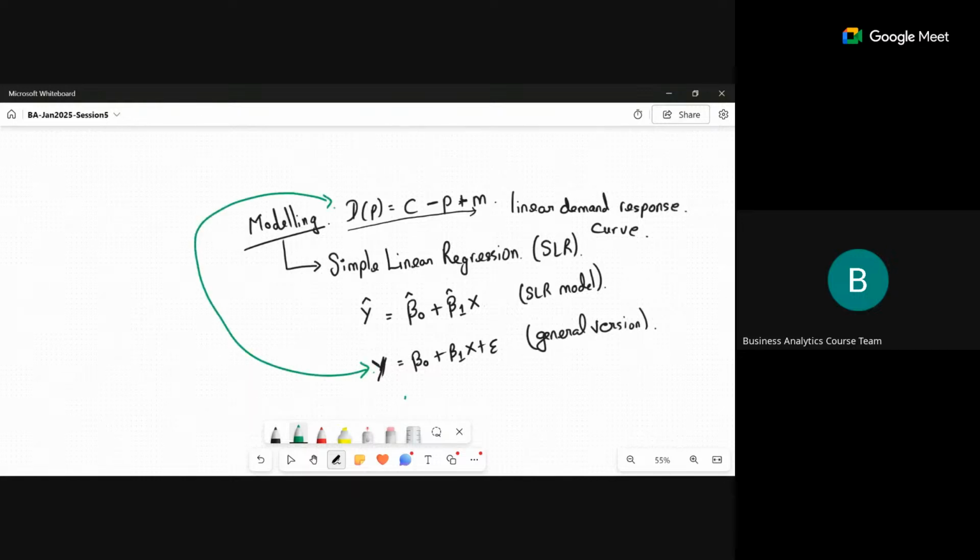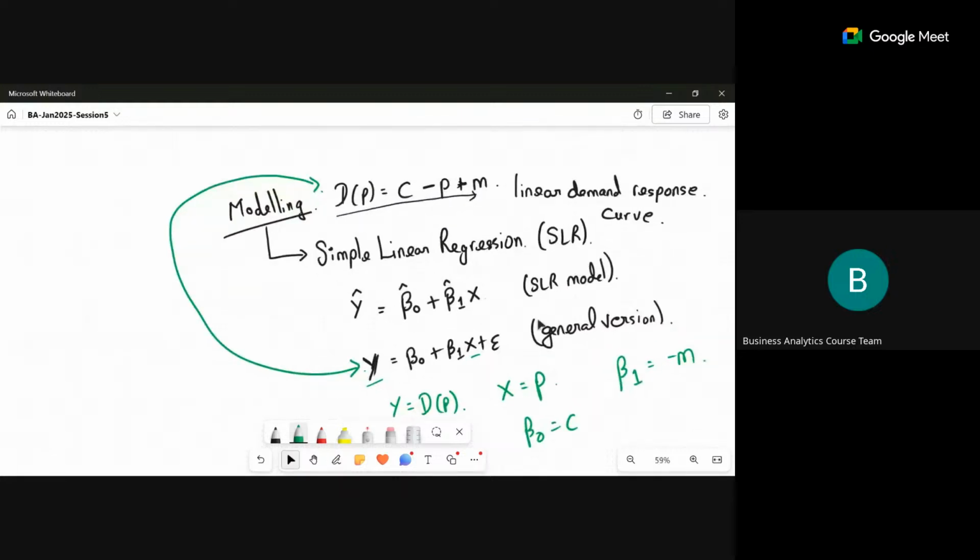When y is equal to demand at the price point P, x is equal to price, beta 0 is equal to C, and beta 1 is equal to minus M, the two models become equivalent. So if I take demand as my response and price as my independent variable, I can fit a linear demand response curve using SLR. That is the first business application of the model.